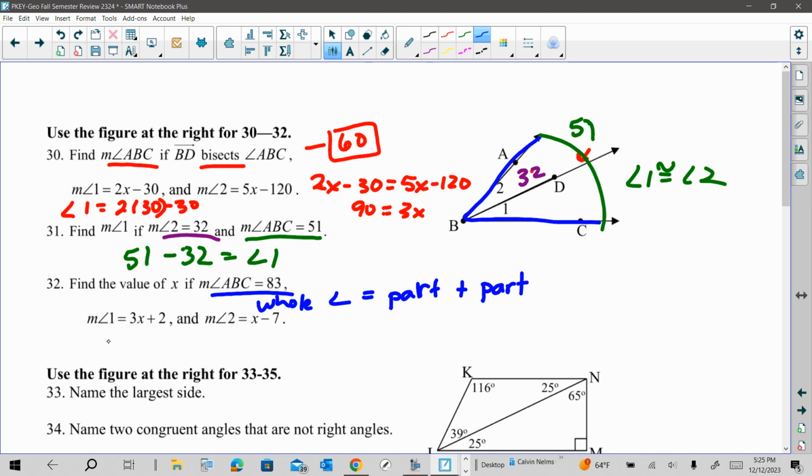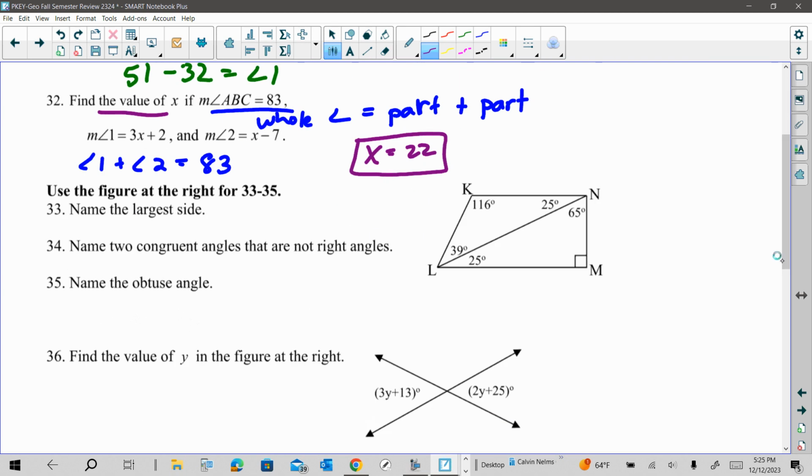Angle 1 plus angle 2 equals 83. And then substitute the parts and solve for x. They just want you to solve for x. It says right here, find the value of x. So hopefully we get x equals 22 on this one.